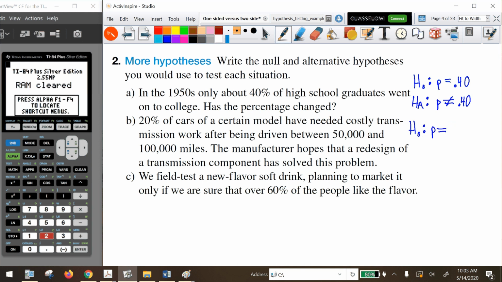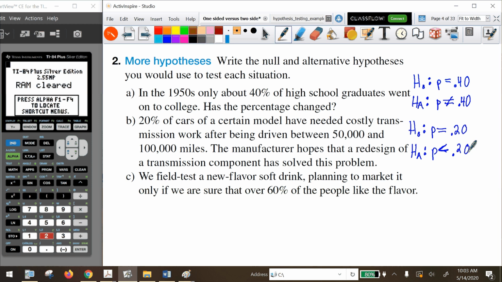And the manufacturer hopes that this redesign has actually improved the situation and fewer of the cars will require this costly transmission work. So the alternative hypothesis is that a smaller proportion of the cars will need the transmission to be fixed. So we're going to set the alternative as p is less than 20%.